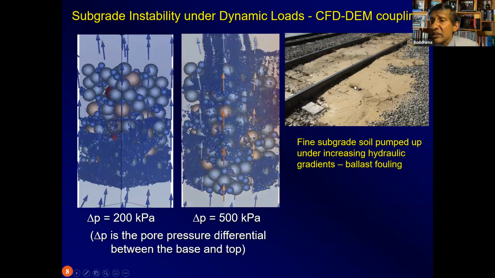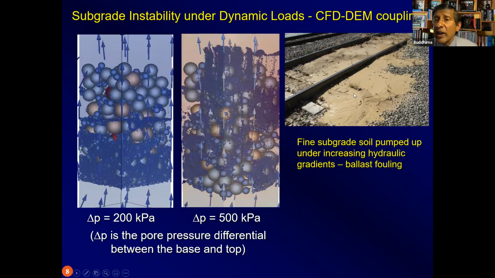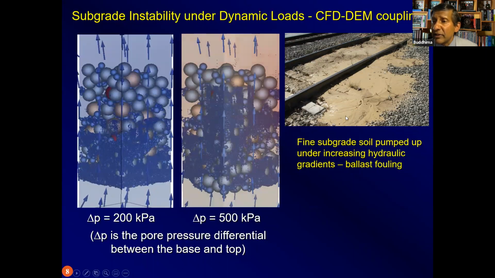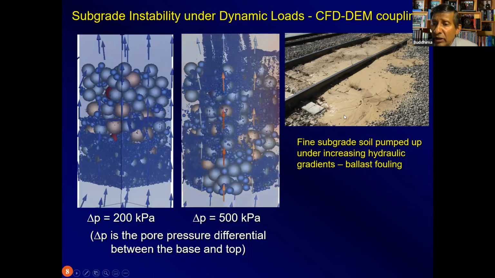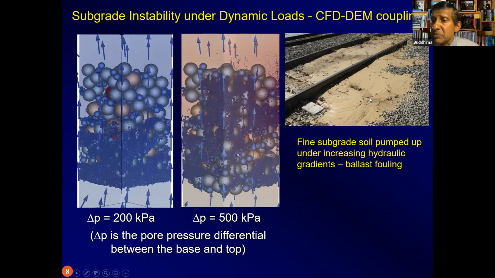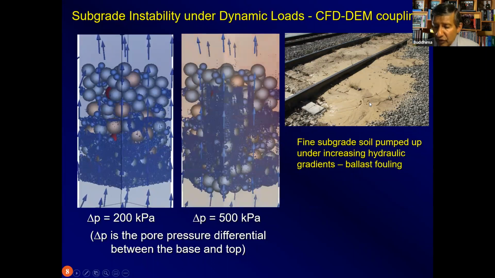So under these circumstances, these tracks cannot be operated because drainage is completely impeded, and also the bearing capacity of the track is significantly compromised because of this mud pumping, and the track needs to be cleaned up and repaired before the trains can operate again.